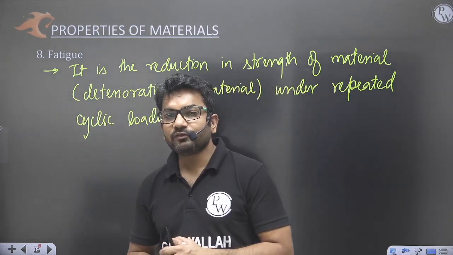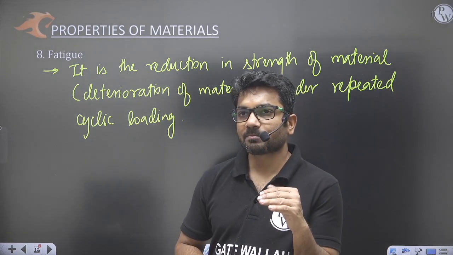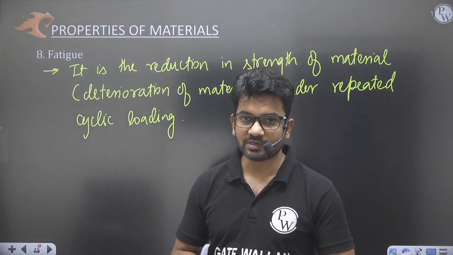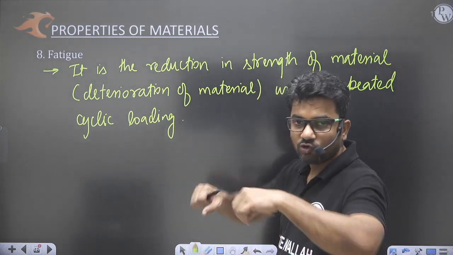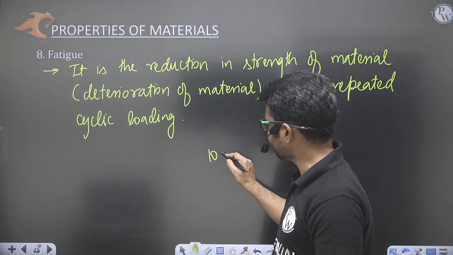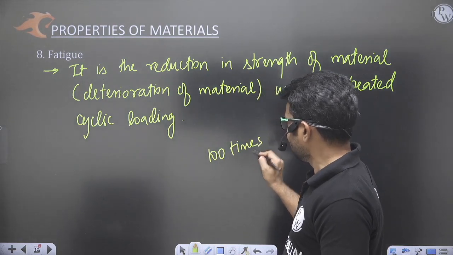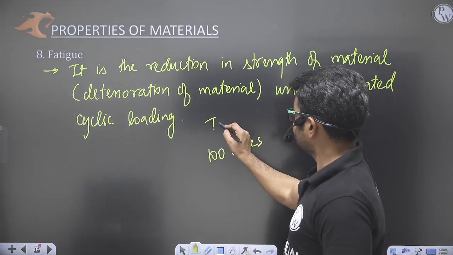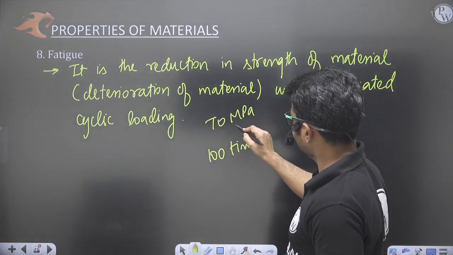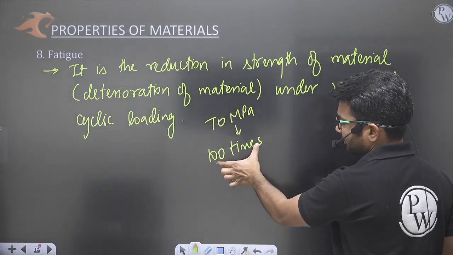In this example I told you 70 megapascal, and let us say I had to apply repeated stress 100 times. So at 70 megapascal the number of cycles is 100.